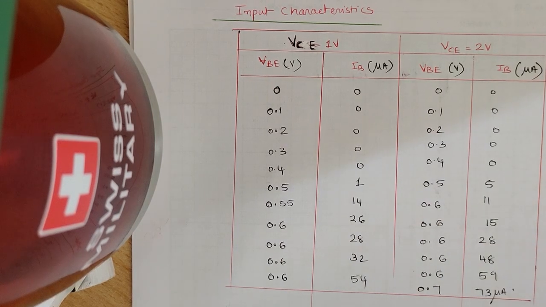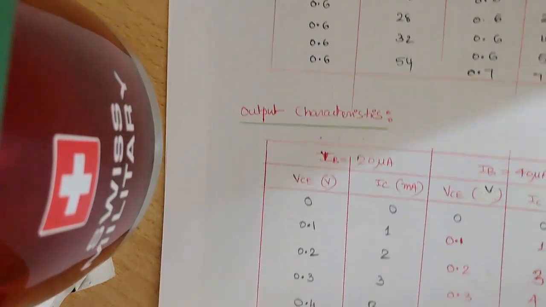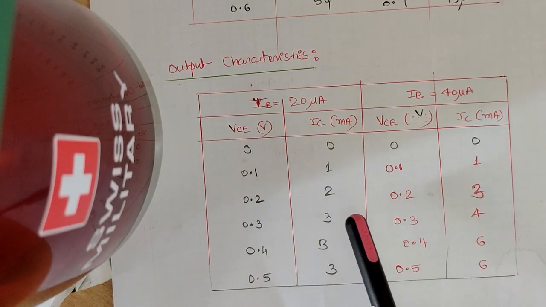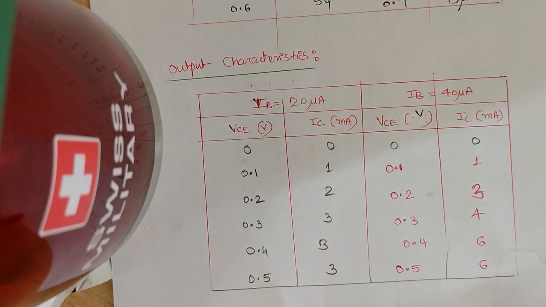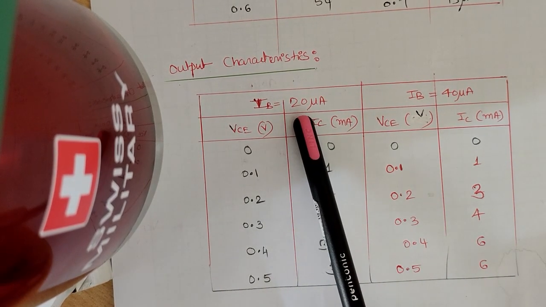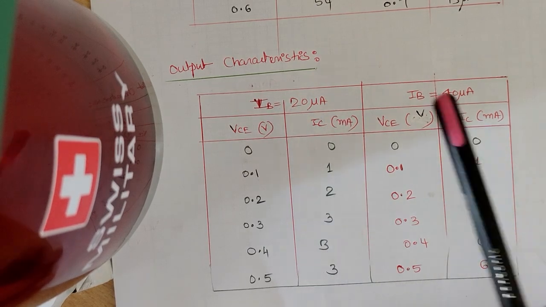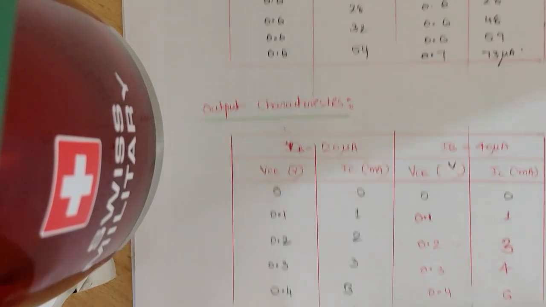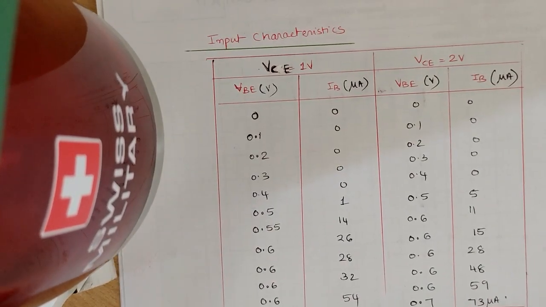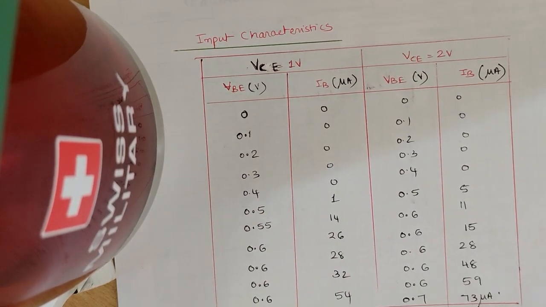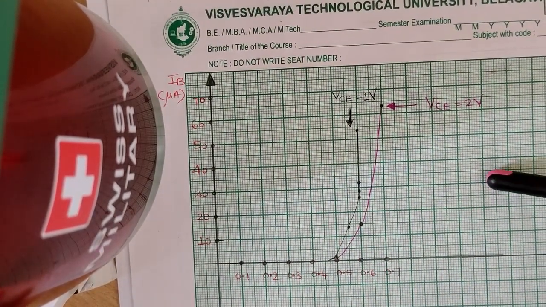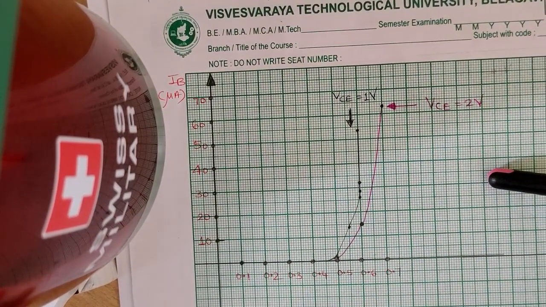Similarly, the output characteristics were taken for two input current settings. One was taken at IB equal to 20 microamperes and the second for IB equal to 40 microamperes. I have taken these values and plotted the graph. The first graph is for input characteristics.